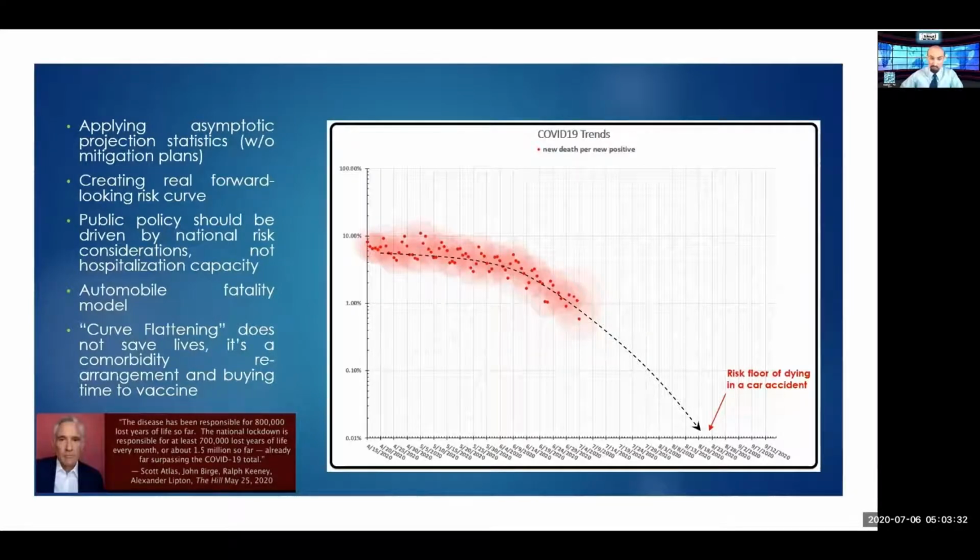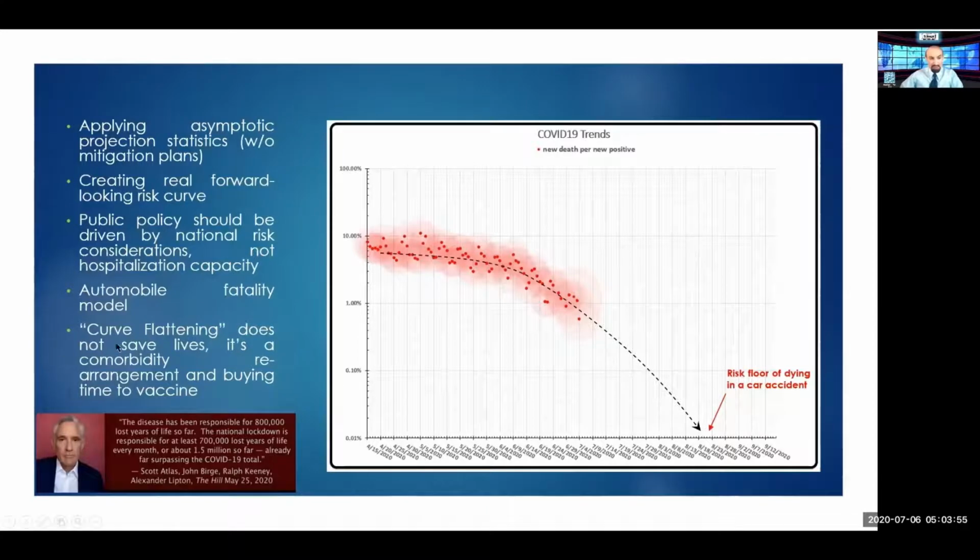We know that when we put more cars on the road, we are going to have more fatalities. So we do not propose massive and aggressive lockdowns or put people away from the roads to prevent fatalities. We just execute because the risk levels are low.